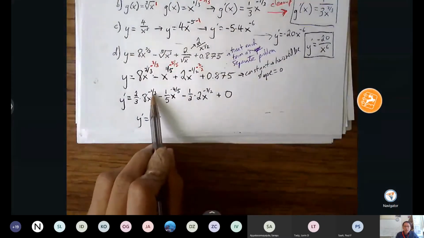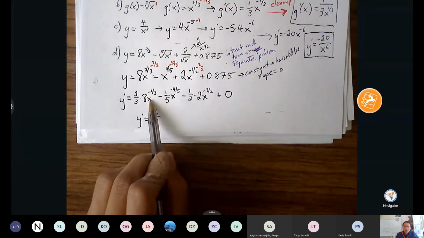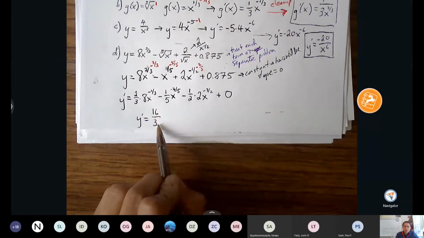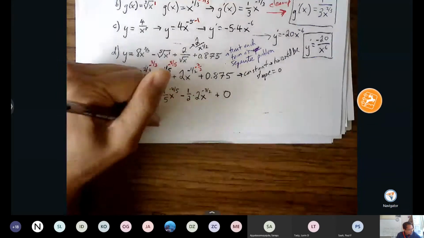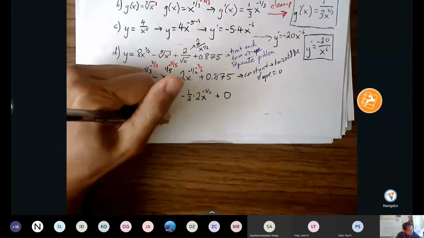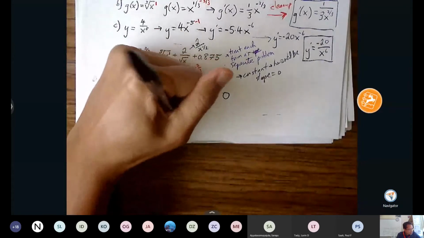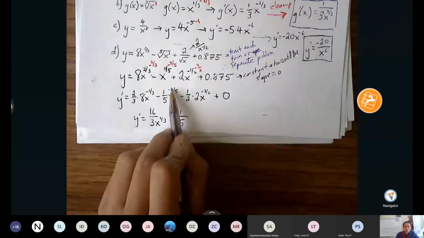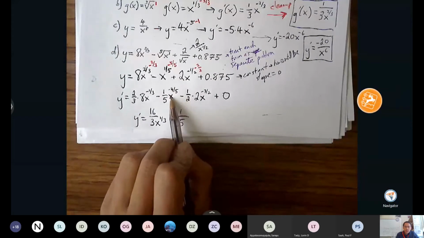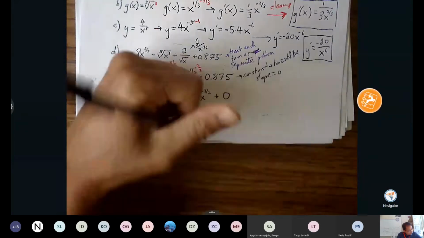This variable is out of place for my cleanup. I don't want negative exponents. I'm going to push this variable to the bottom. So when it comes down to the bottom, it's going to share the same space as that 3. So I can force a positive exponent in my answer. Same thing. This x to the negative 4/5, I want to resolve that negative exponent, so I'm going to push that x to the bottom.